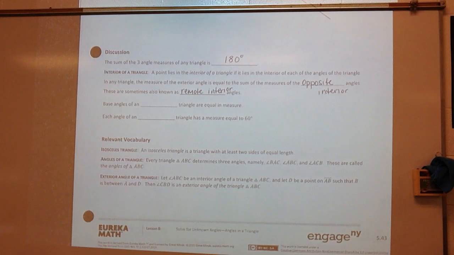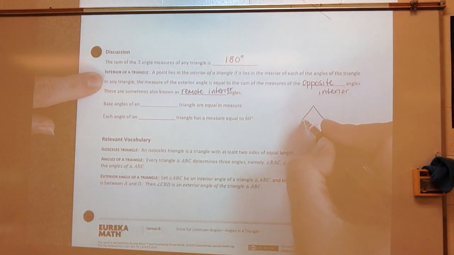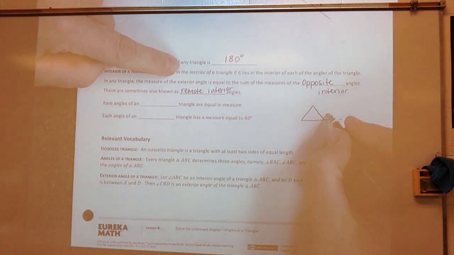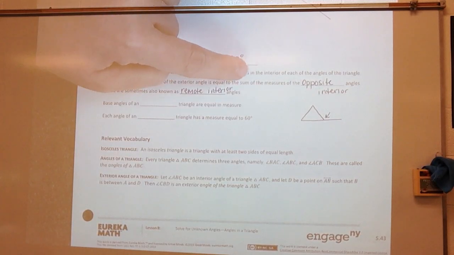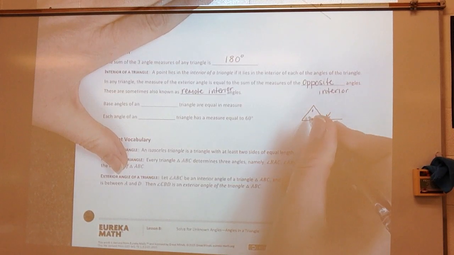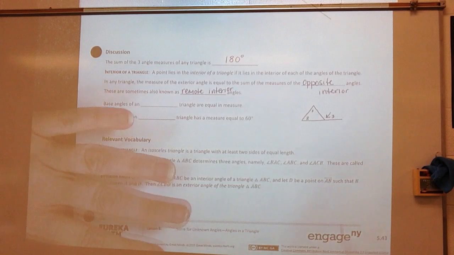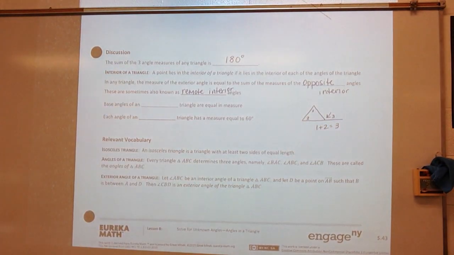And we're going to talk about what that means. So if I have a triangle, the measure of the exterior angle, this is the exterior angle of the triangle, is equal to the sum of the measure of the opposite interior angles. So let's say that I have these. That means that angle 1 plus angle 2 would give me the measure of angle 3. And those are my remote interior angles.